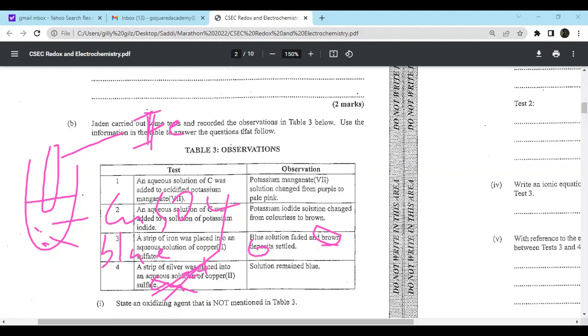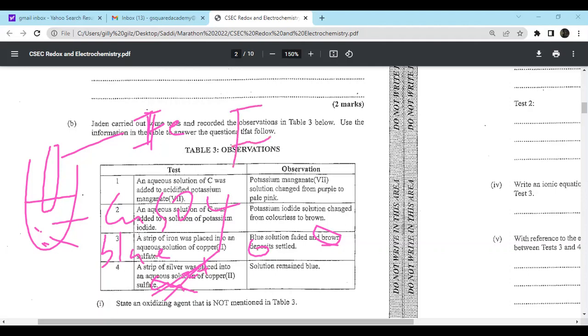When you look at the reactivity series of metals, iron is above copper. What does this mean? If iron is above copper in the reactivity series, it means that iron is more reactive than copper. And so iron will displace copper from solution.